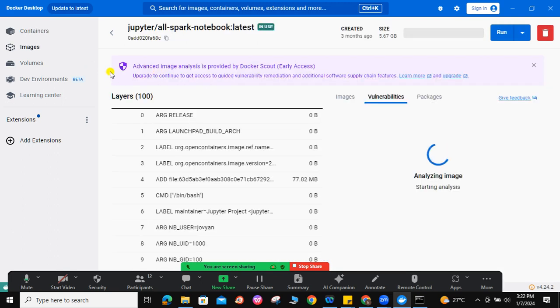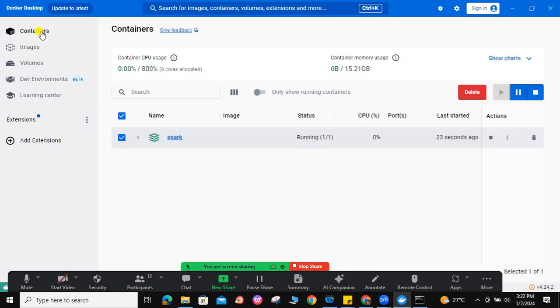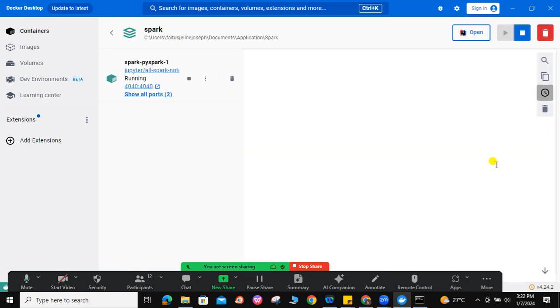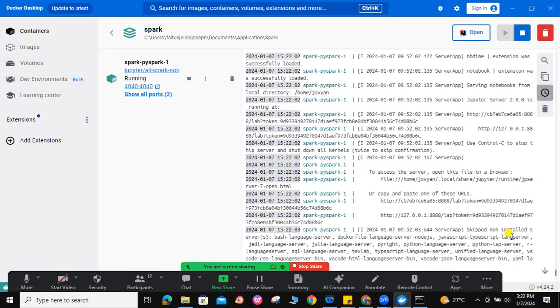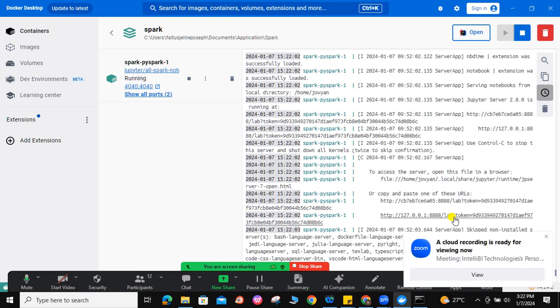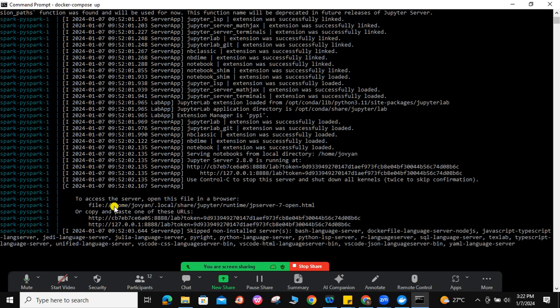Go to the container, come to the Spark. Can you see the link here? It automatically comes here, the Spark link. Last time it was not coming.